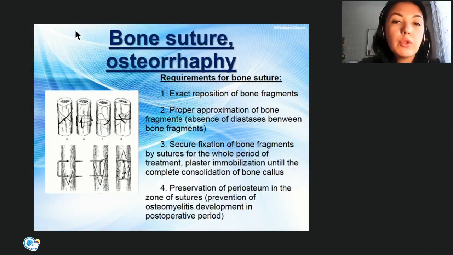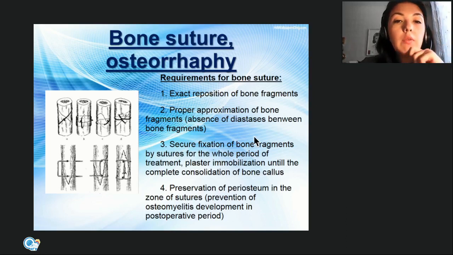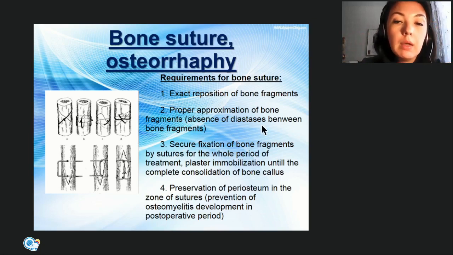Okay, so first, bone suture or osteorrhaphy. Raphy means suture, osteo means bone, it's clear, yes? So requirements for bone suture. First, it is exact reposition of bone fragments, like in all the types of osteosynthesis. Then proper approximation of bone fragments, absence of diastasis between bone fragments, so there must be no gaps between bone fragments.